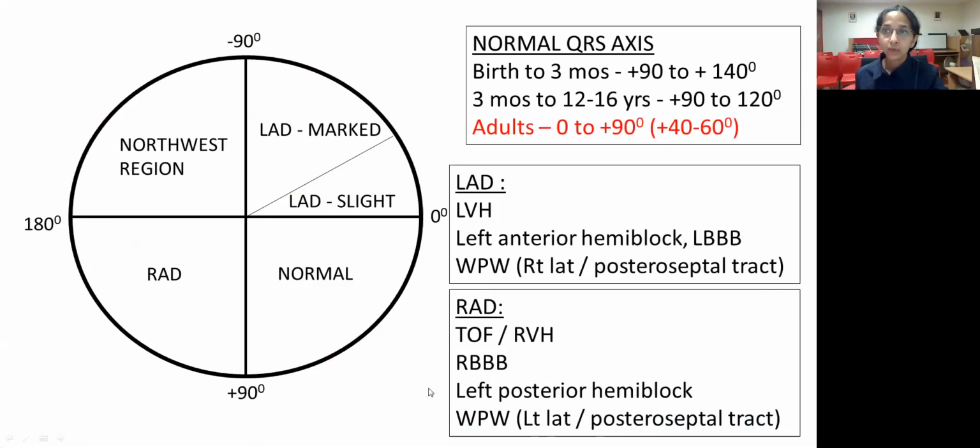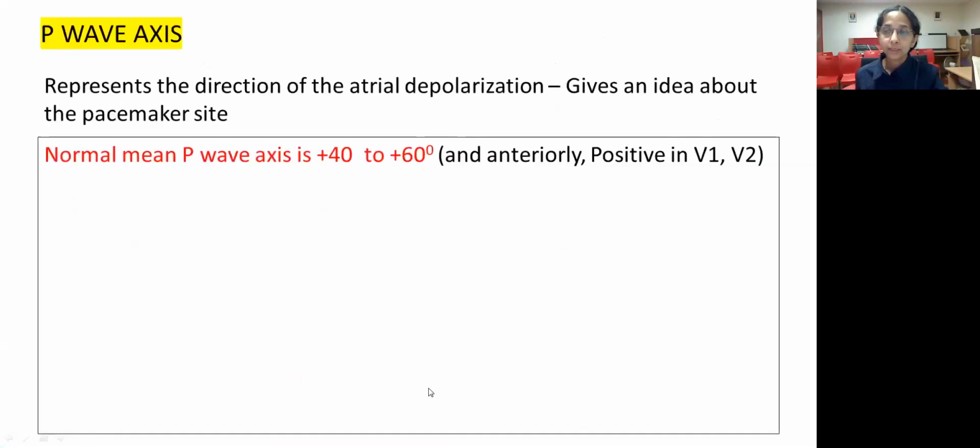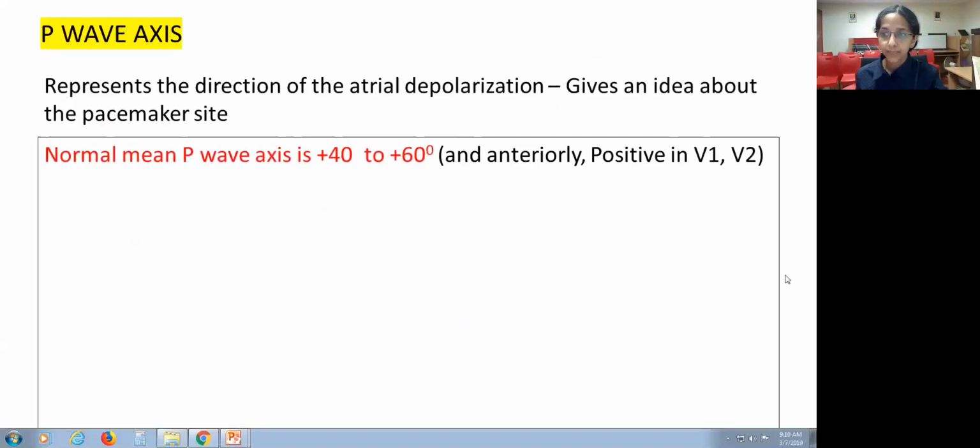Now, similarly to the QRS axis, we also can calculate the P wave axis. And is it important? Yes, because the direction of atrial depolarization gives you an understanding of where your pacemaker sits.